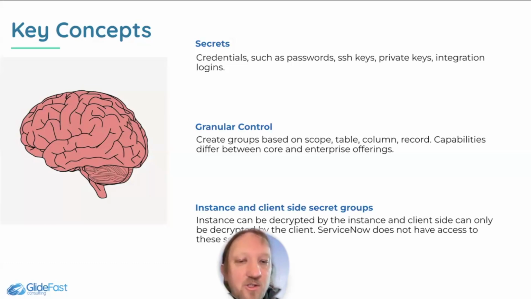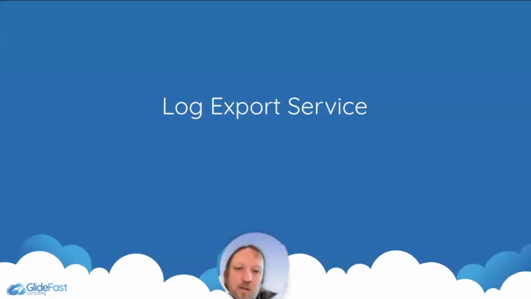So ServiceNow would have access to the instance ones, but it would not have access to the client secrets because the keys are only available when you're in the instance and not from ServiceNow themselves. That's a plugin as well, and you can look at the secrets management in a PDI.